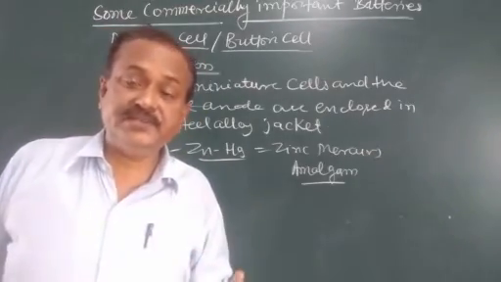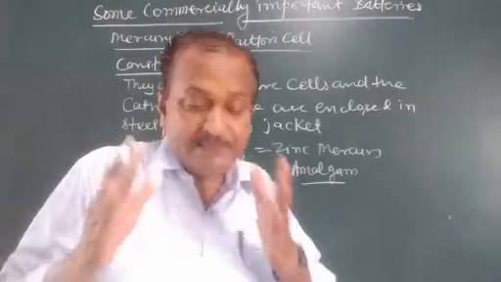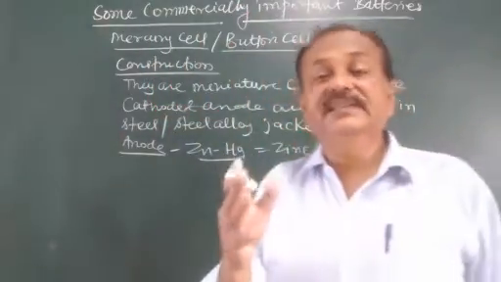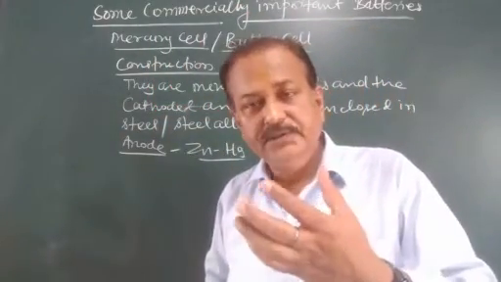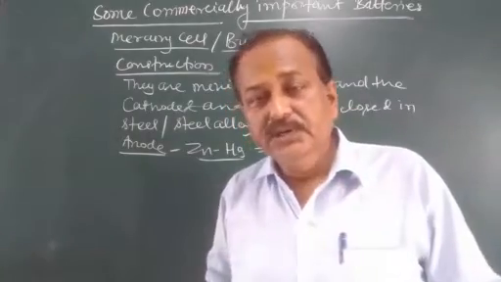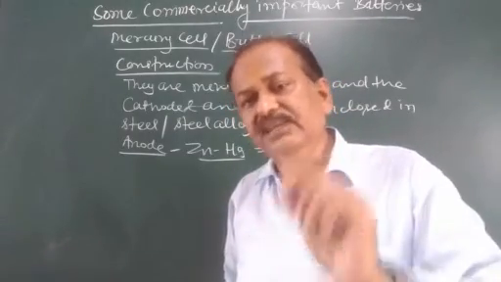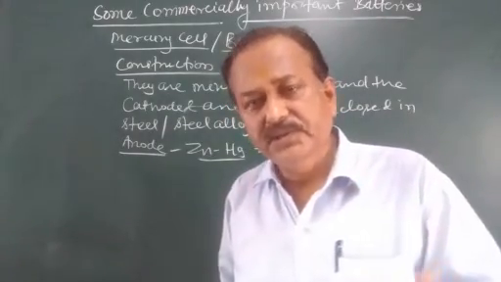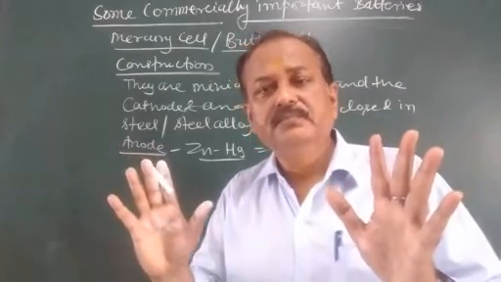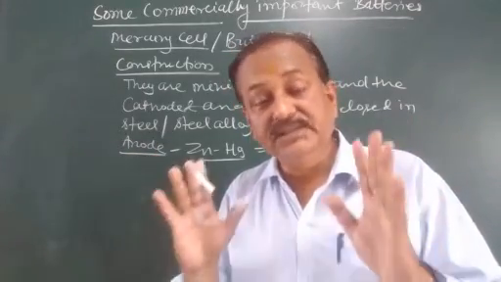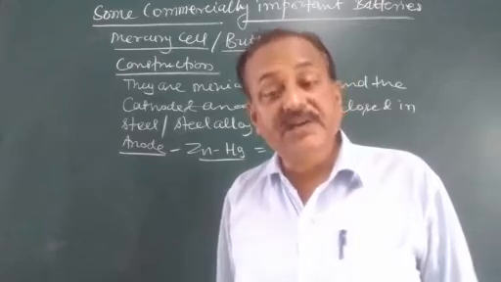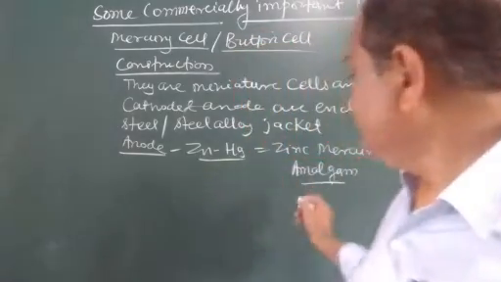Mercury has very high density, and when we keep any metal in it, mercury has the capacity to absorb it. If by chance we have mercury and put a small piece of any metal, within a few days it will be dissolved, and thus it is called zinc mercury amalgam. So it is in liquid form.